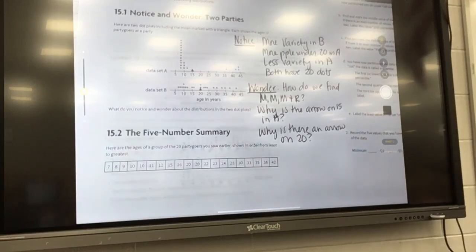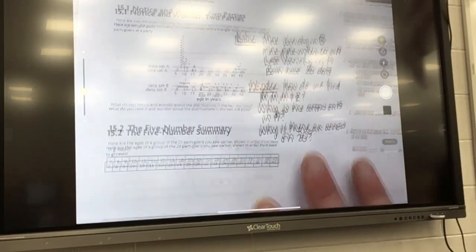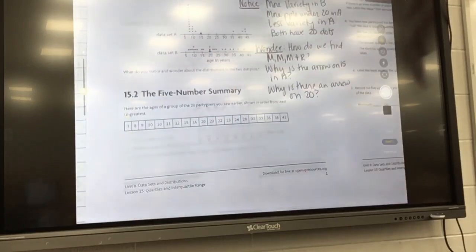What did I do? All right, so looking at our data set, over here, we gotta find our median, right? That's what step number 1 tells us to do. Raise your hand and tell me, how do I find my median? How do I find my median? Kylie, how do I find the median?